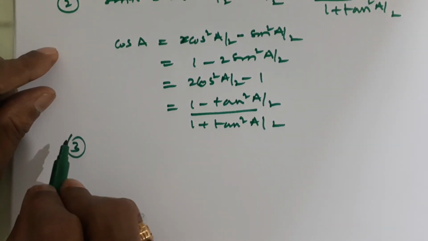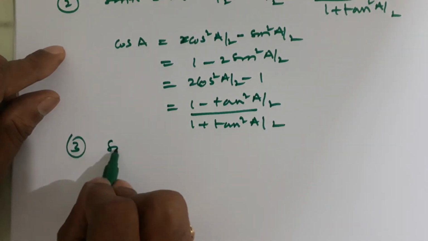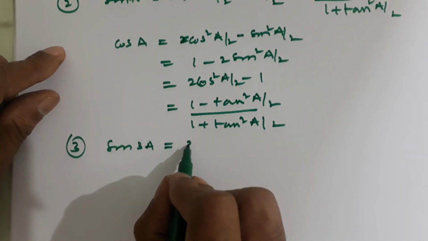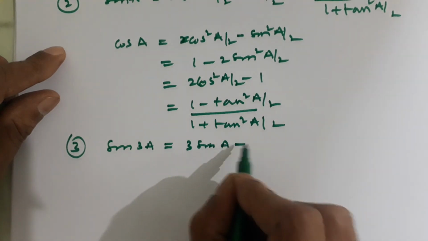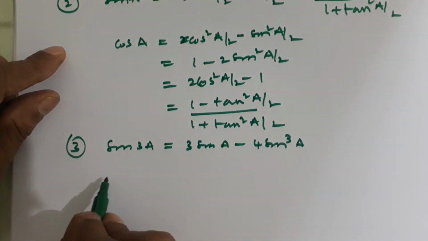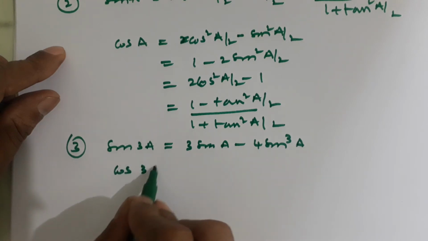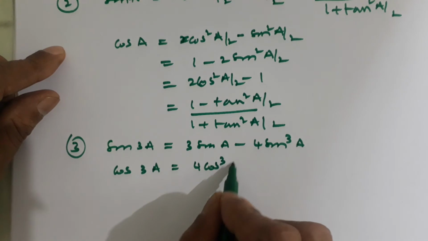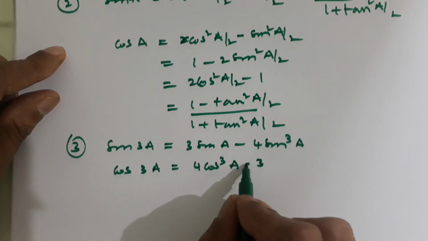Even the multiple angles, sin 3a, sin 2a we know. Now sin 3a is equal to 3 sin a minus 4 sin cube a. Cos 3a is equal to 4 cos cube a minus 3 cos a.